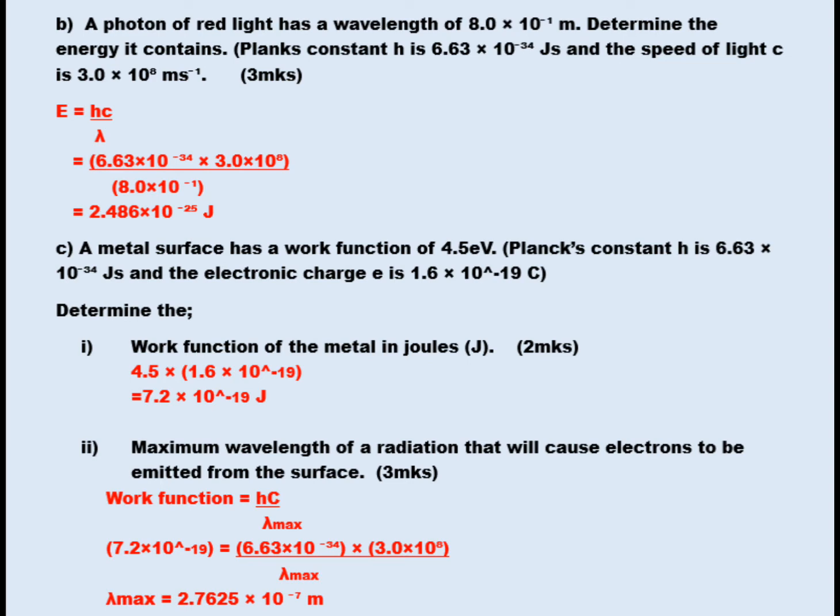So when you solve that, you have the work function 7.2 times 10 raised to negative 19, Planck's constant 6.63 times 10 raised to negative 34, speed of light 3.0 times 10 power 8. So the maximum wavelength becomes 2.7625 times 10 raised to negative 19 times 10 raised to negative 7 meter.